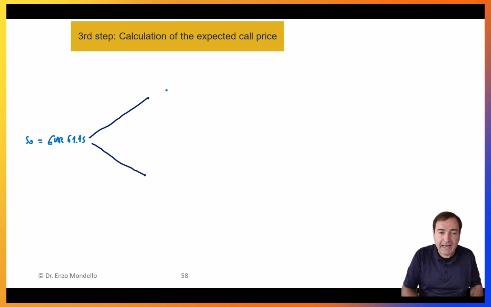Then we've already calculated the share price after an up move, which is 78.88 euros. And we've also calculated the share price after a down move, which is 47.39 euros.